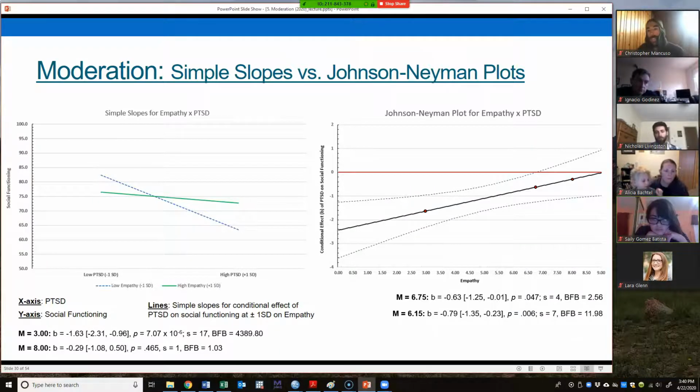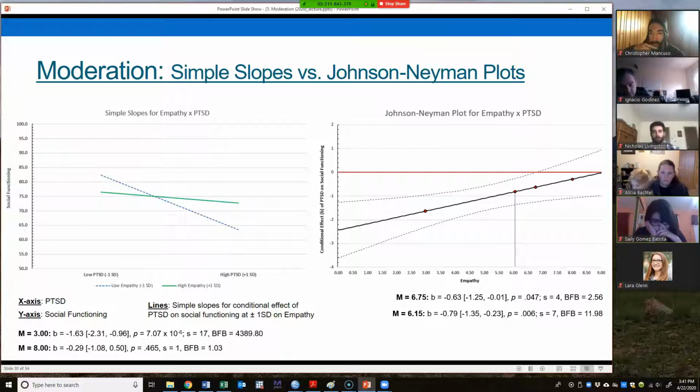And so maybe if I take a look at my output, we'll say at a moderator value of 6.15, this is where I start to get a p-value associated with a Bayes factor above 10, which maybe I use as my criterion for strong evidence against the null. And so right here at 6.15, that's where I continue to see strong evidence for an effect.